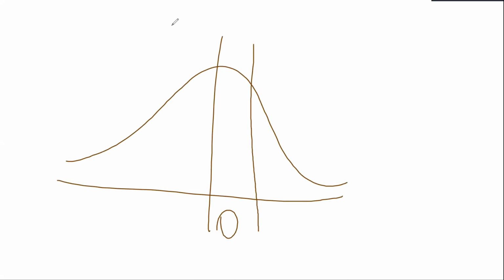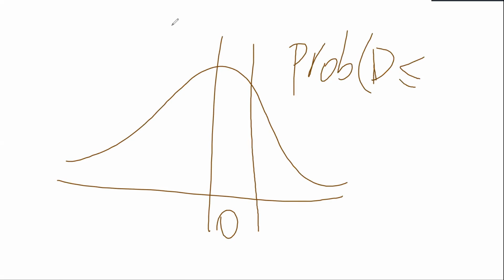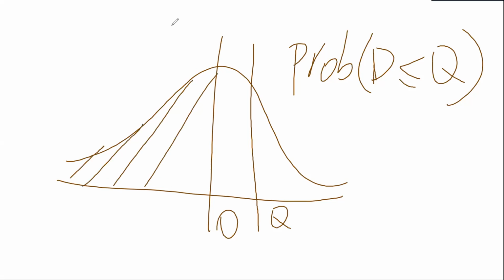For example, the probability that demand is less than or equal to Q is the same as the area under the curve to the left of this vertical line at Q. You see?